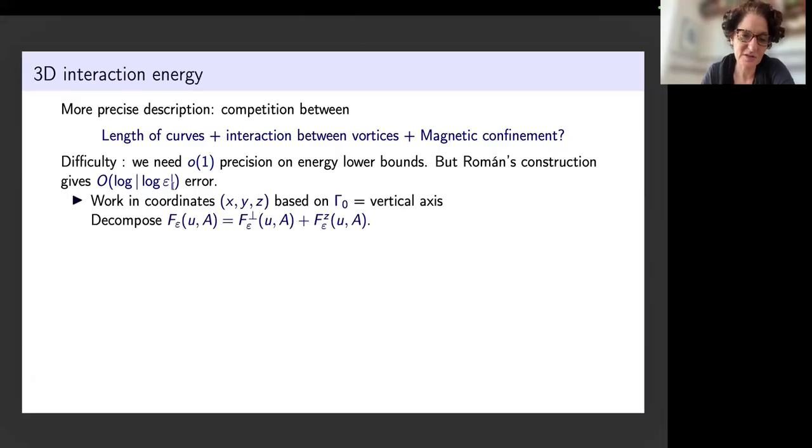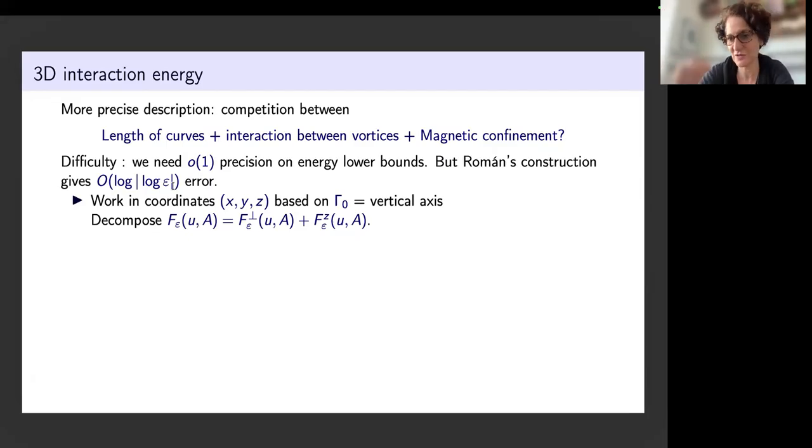But, okay, there is something that saves you, and maybe I'm not going to give too many details, but the idea is to do an anisotropic rescaling of the problem. So you're going to use gamma naught as an axis, and you're going to use tubular coordinates that follow this gamma naught.